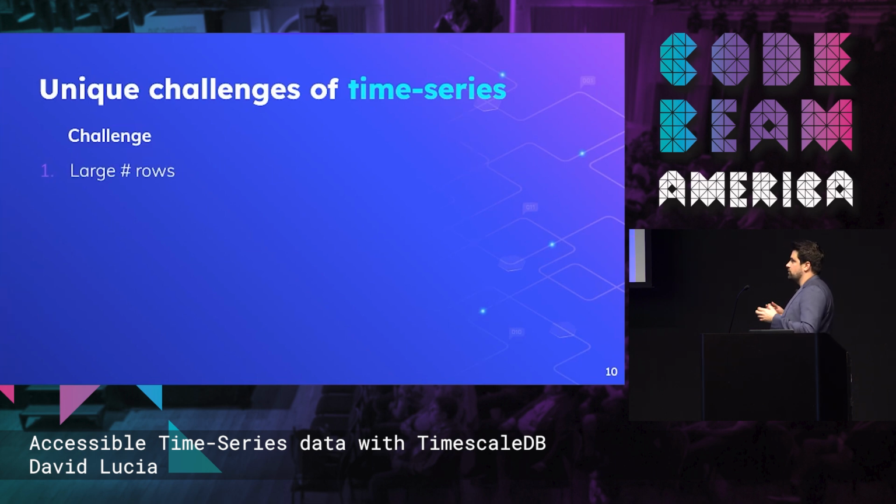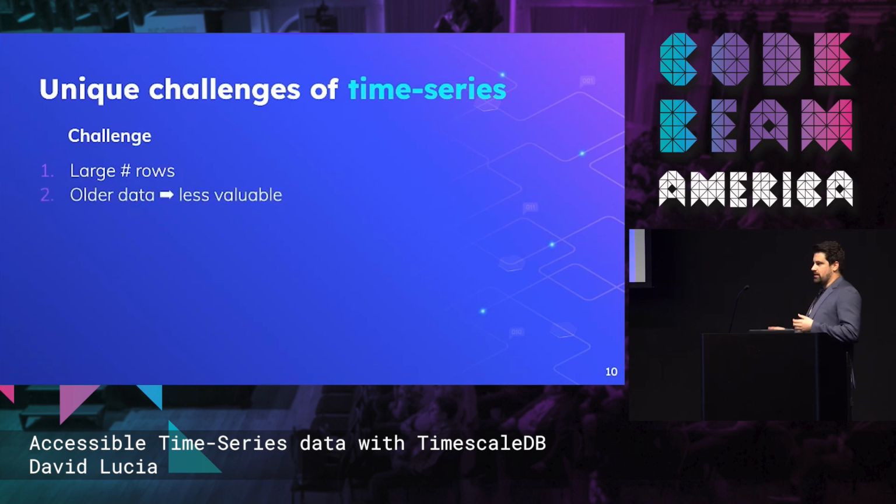So the first thing is a large number of rows, or just a large amount of data. If I'm producing an event, my heartbeat is beating maybe at 60 beats per minute if I was sitting down watching a talk. Now that I'm giving a talk, it's probably more like 120, 140 beats per minute. And if I'm calculating or tracking every single one of those heartbeats, it's going to produce a lot of data over time.